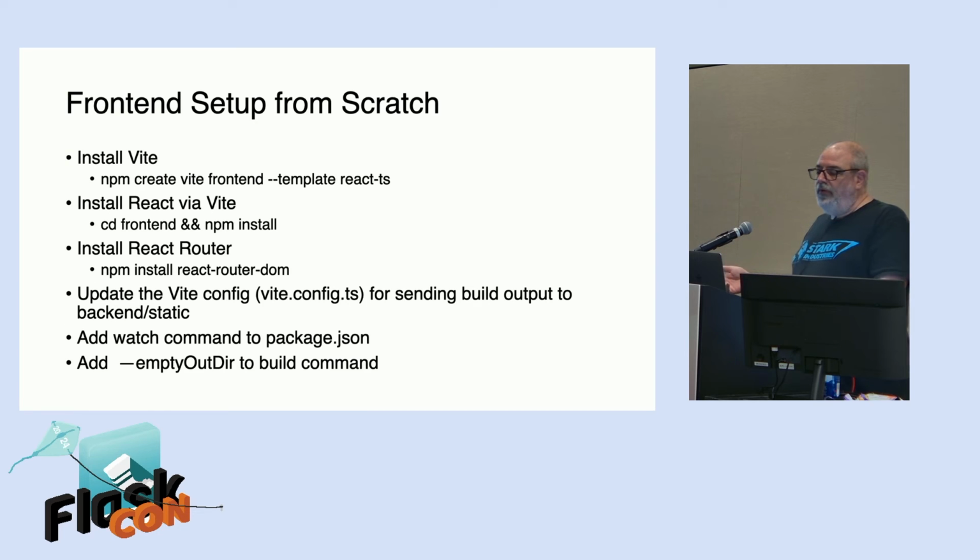And so if you wanted to do a front-end setup from scratch, there's not a lot of work. You need to create the Vite front end, and we chose React TypeScript because TypeScript works a lot like Python. And it was easier for us to understand. We do a lot of typed Python, so the typing didn't bother us.